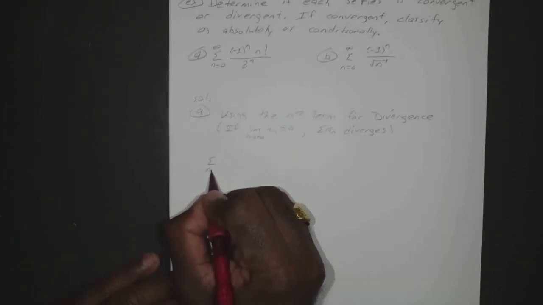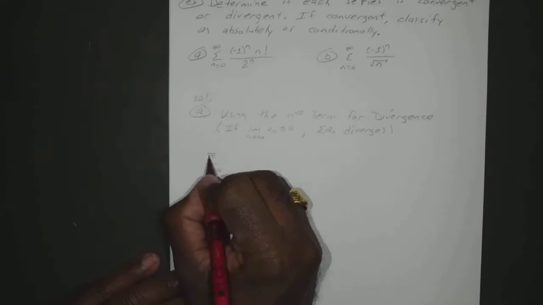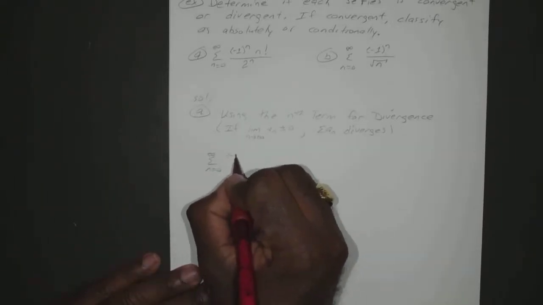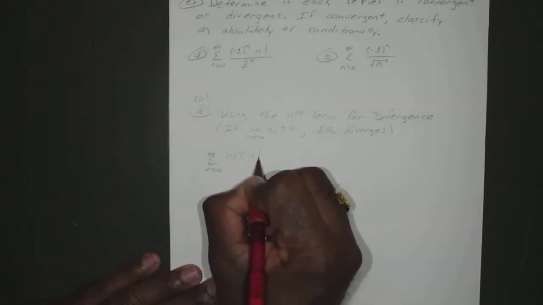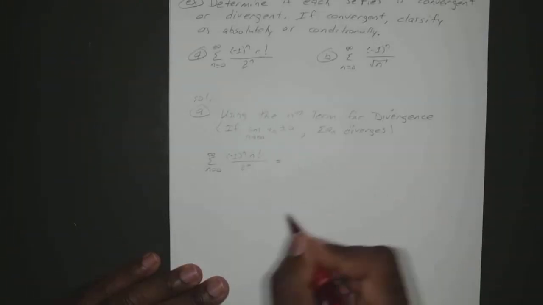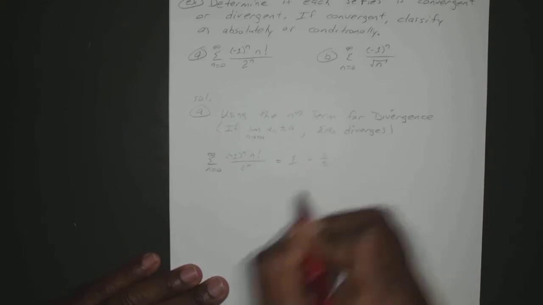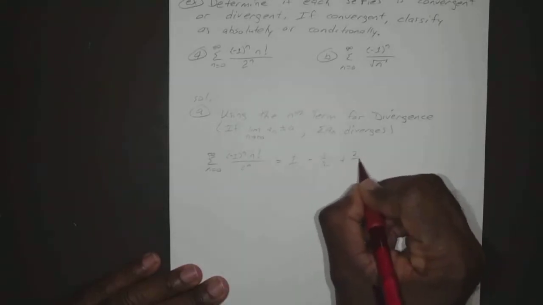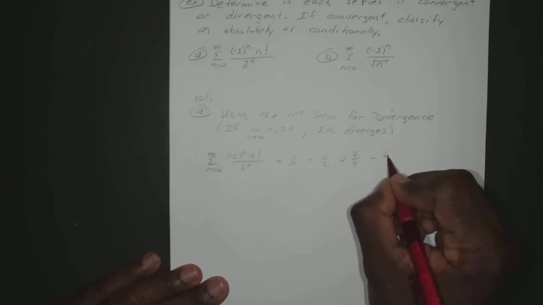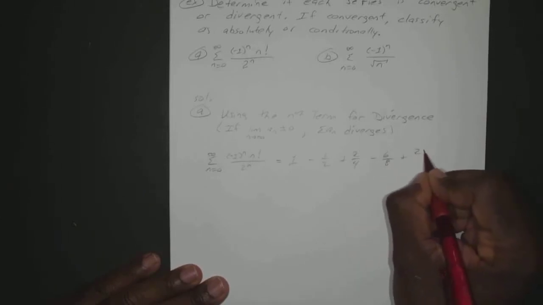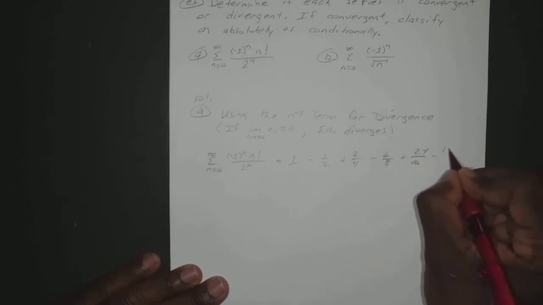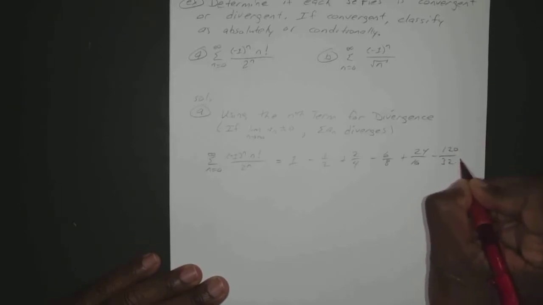So if you have the sum from n equals 0 to infinity of negative 1 to the n times n factorial all over 2 to the power of n, plug in 0, you end up getting 1, minus 1/2 plus 2/4 minus 6 over 8 plus 24 over 16 minus 120 over 32, and it keeps on going like that.